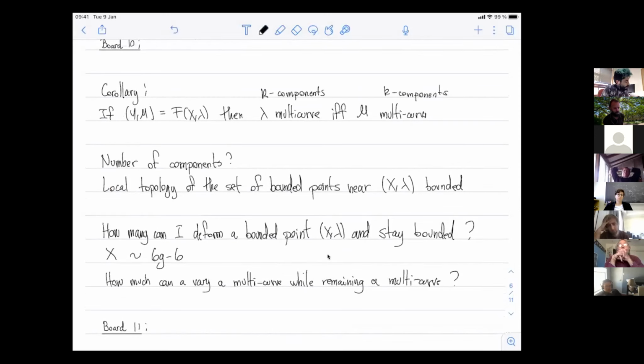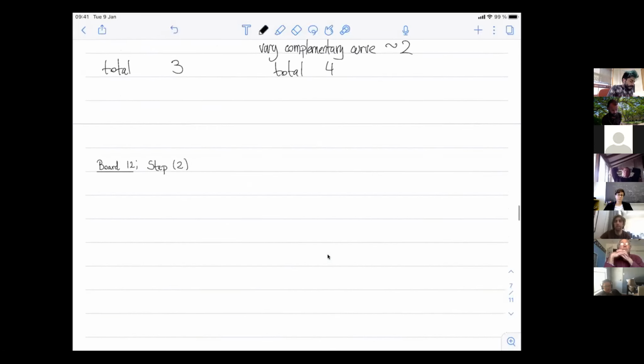Given the time that I have, let me tell you what the next claim would be. The next claim would be to show that without loss of generality, if y mu is equal to f of x lambda, then lambda is proportional to mu.